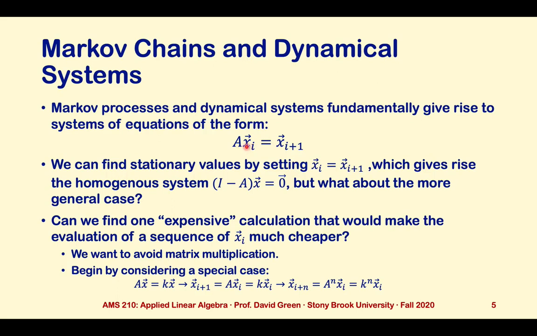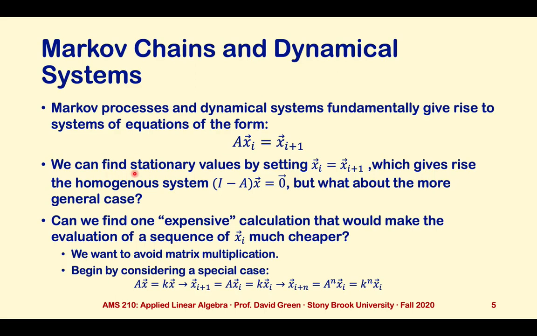In the context of Markov processes, these x are probability vectors. In the context of dynamical systems, they are more arbitrary vectors, but the general form is the same.